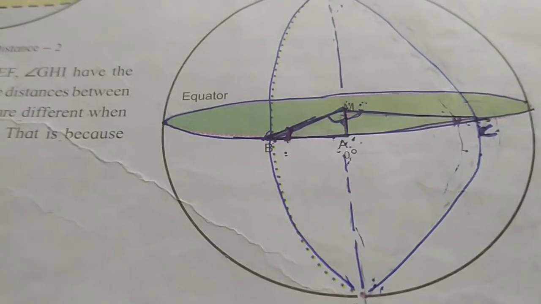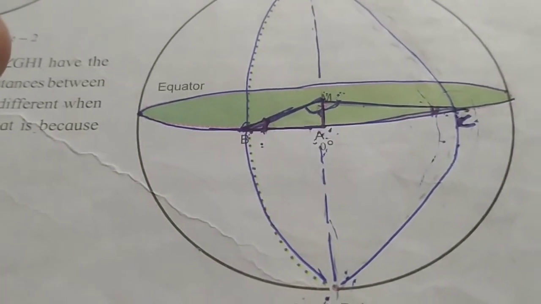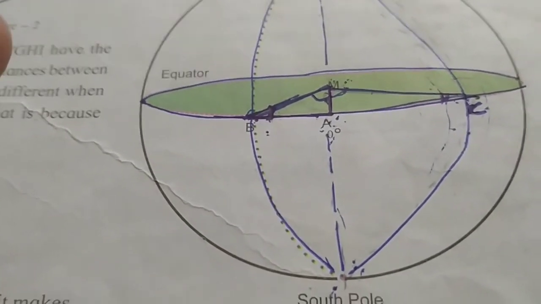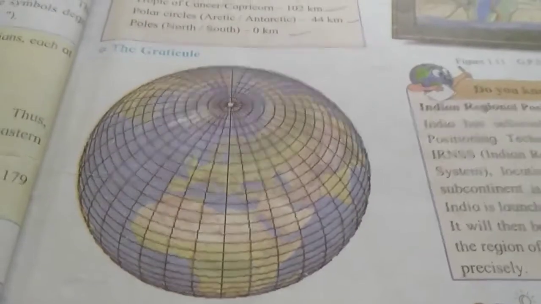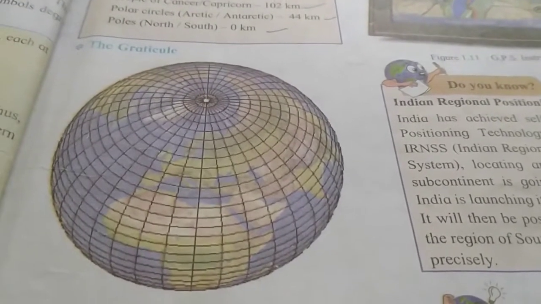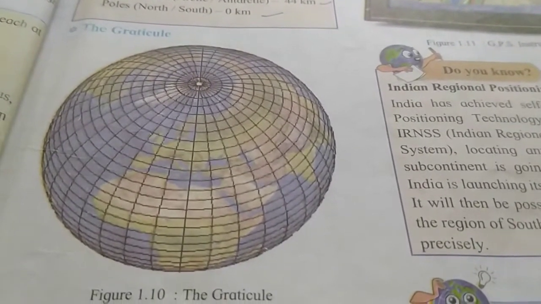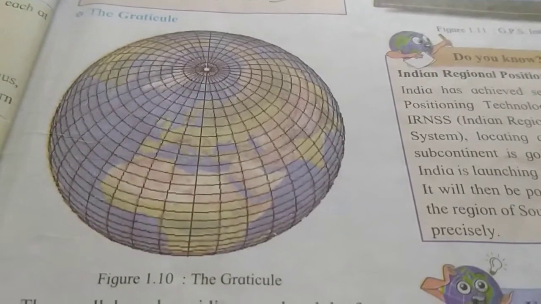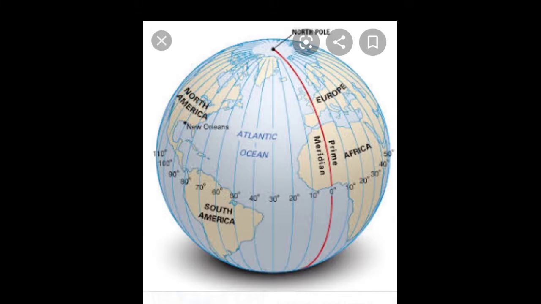These semicircles are known as meridians of longitude. Meridians means vertical semicircular lines, and longitude means the angular distance from the prime meridian. The zero meridian is known as the prime meridian.